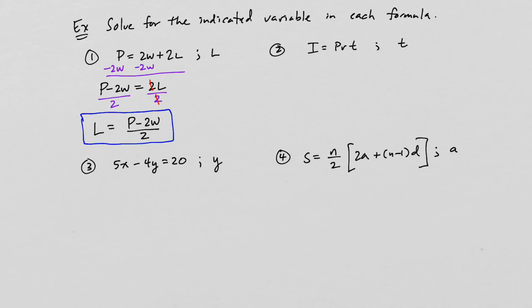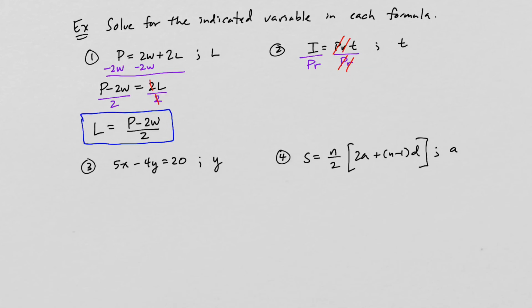In our second example, we have I equals PRT. And if we want to solve for T, notice that all we need to do is cancel the P and the R on the right-hand side. And since everything on the right-hand side is being multiplied to T, we can simply divide by PR on both sides.